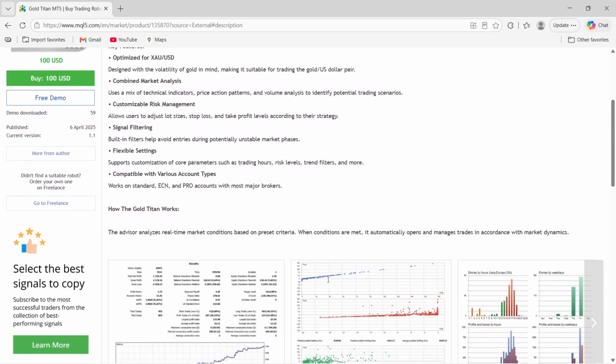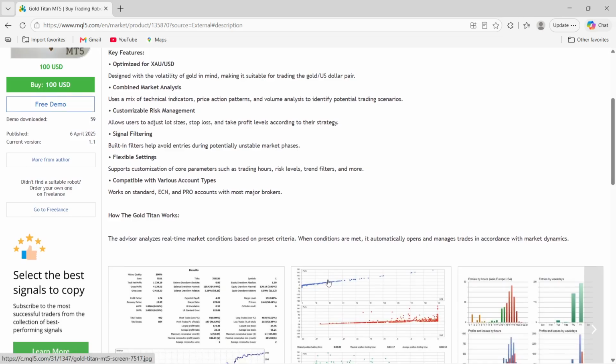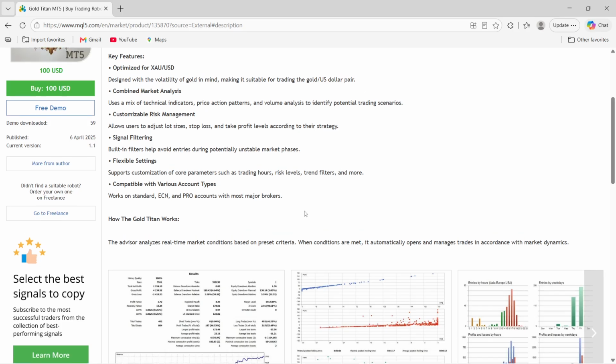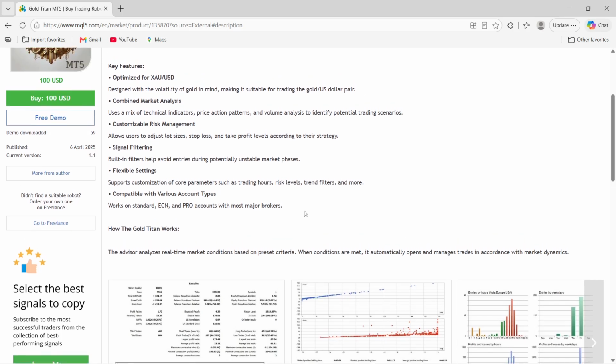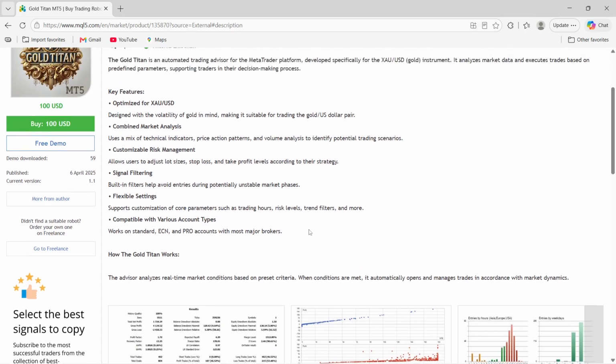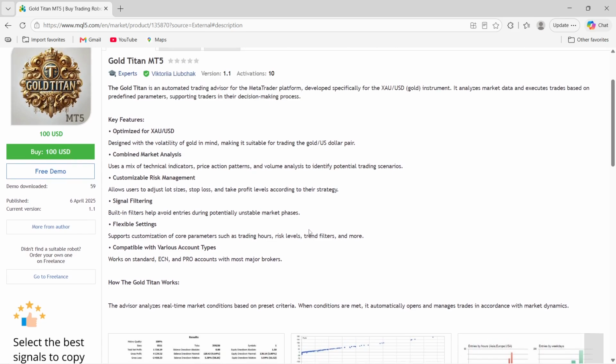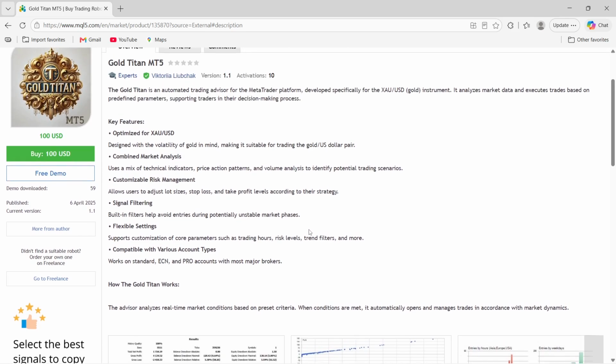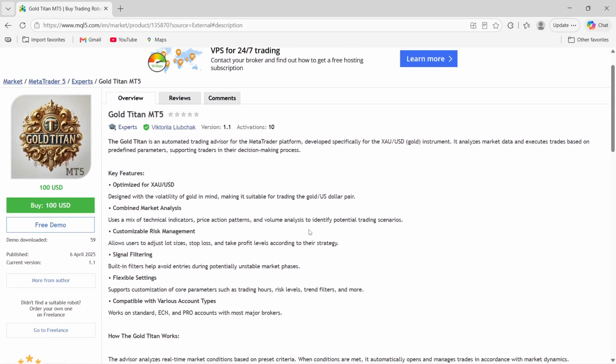So as for the features, the key features include specialization for XAUUSD, mixed analysis of indicators plus price action and volume, customizable risk parameters, signal filtering for unstable conditions, flexible trading hours and trend filters, and broad broker compatibility.